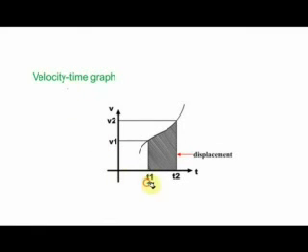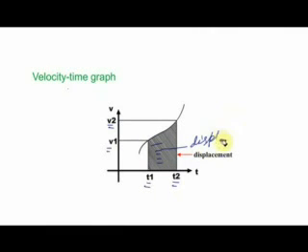So from here we can see that at time t is equal to t1 the velocity is v1, and at time t is equal to t2 the velocity is v2. So the total displacement by the particle between time t1 and t2 will be given as the area under the graph between time interval t1 and t2.